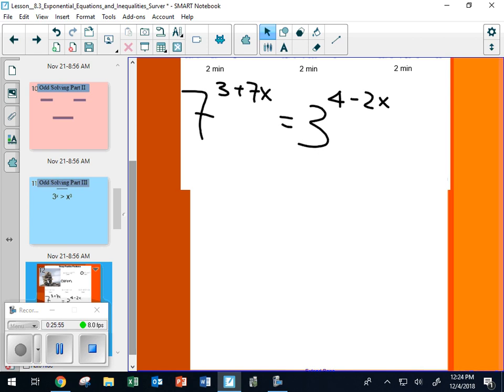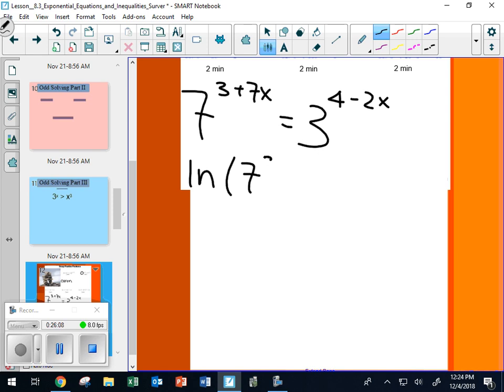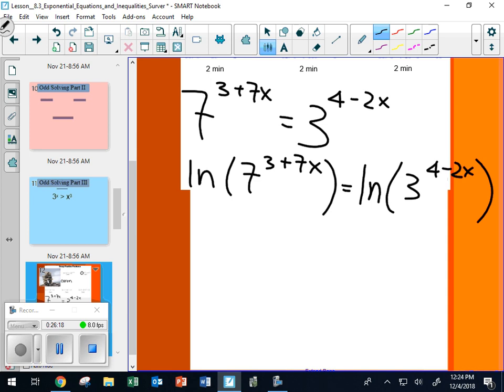Okay, Greta, why don't you start us off? Multiply by ln. Yes, so we want to take both of our sides. We want to say the natural log of 7 to the power of 3 plus 7x is equal to the natural log of 3 to the power of 4 minus 2x. And if we have taken the natural log of both sides, why is that so important to us?